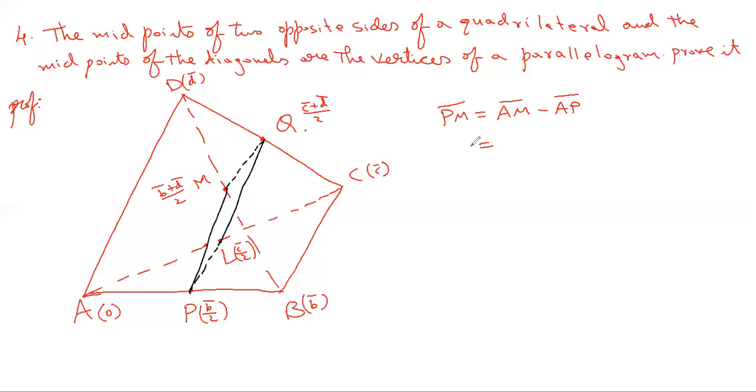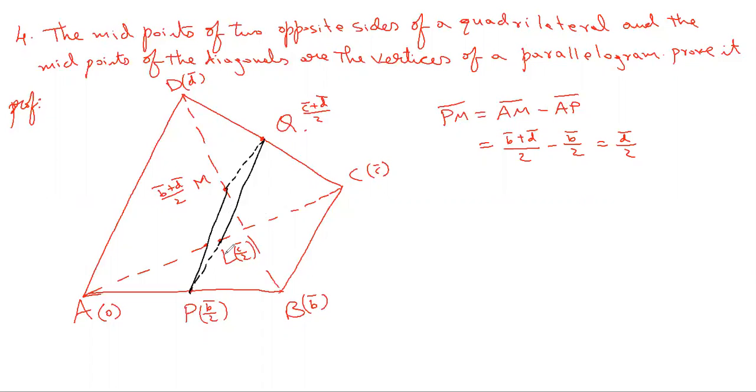AM bar is basically the position vector of M, which is B bar plus D bar by 2, minus AP bar, which is B bar by 2. Then you get D bar by 2. So that is PM.